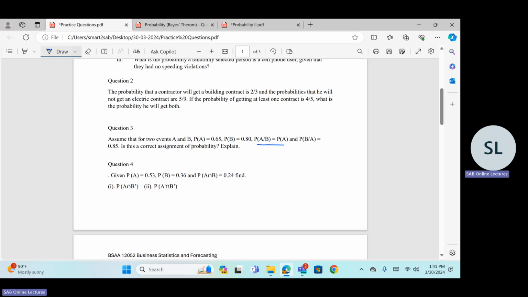Assuming A and B are independent, the probability of B given A is equal to the probability of B, and the value is 0.80. But this one is given 0.85. Understood? Then we can say this is not the correct assignment. Understood? It's clear? Okay? Yes or no?